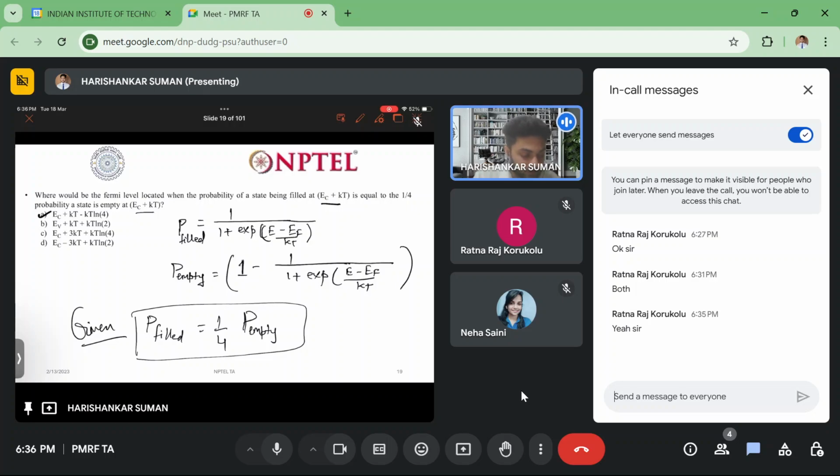So the formula for filled probability is known, and for empty you can put 1 minus filled. The given condition is filled equals 1/4 times empty. Use this relation and these formulas.